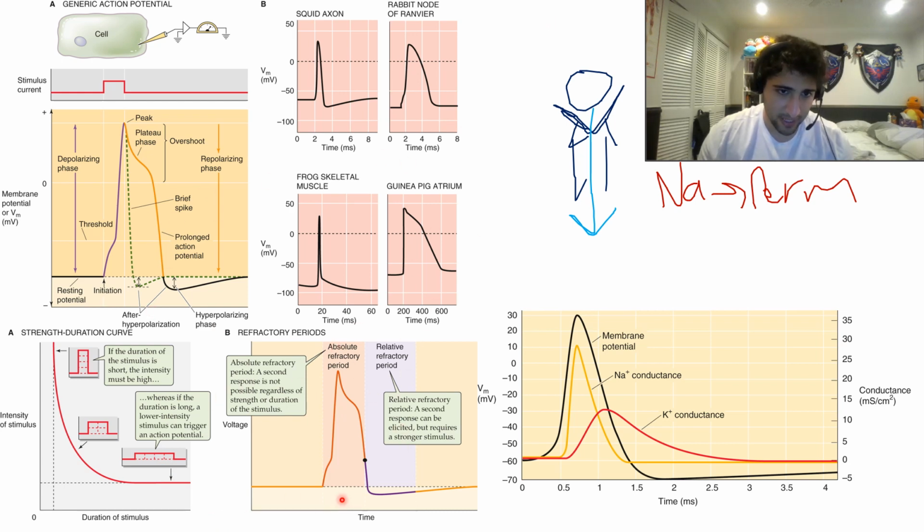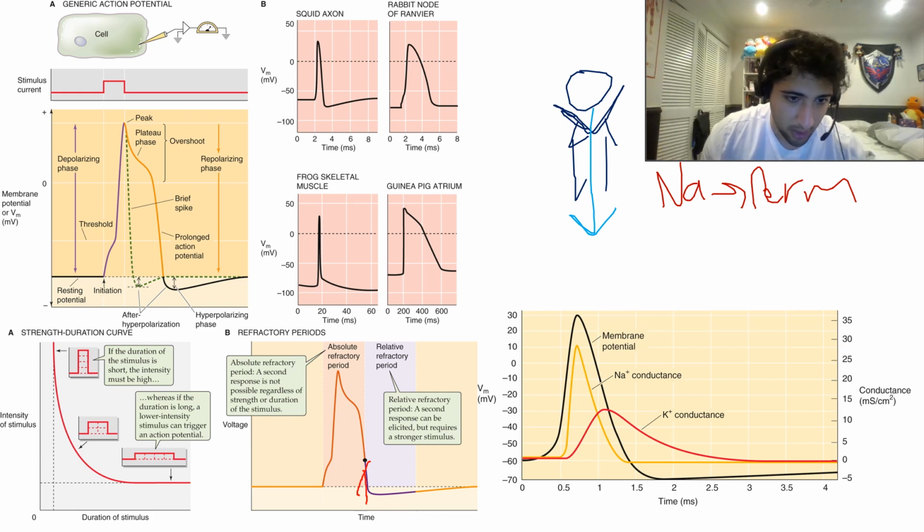All right. So there's an absolute refractory period and a relative refractory period. Notice, until you dip back below the threshold, you absolutely cannot fire an action potential, right? It's really not until you get closer to the resting membrane potential, so sort of at this threshold right here, that you can fire if you have a strong enough stimulus.